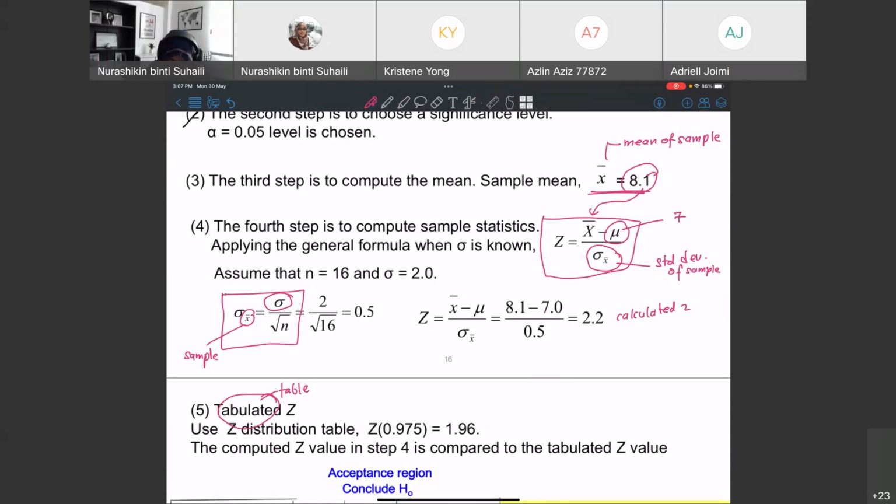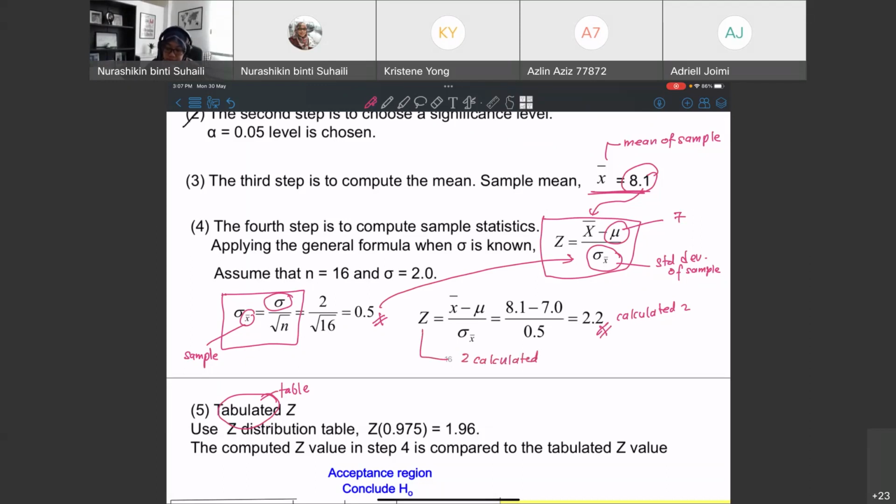So you get the value of 0.5. This is the one that you substitute here, so you get a Z value of 2. This is the Z calculated or computed.